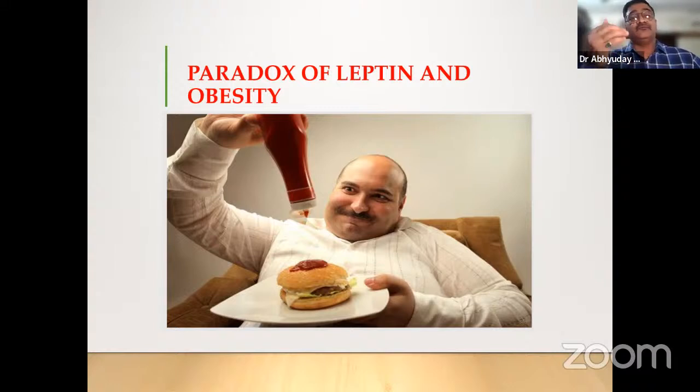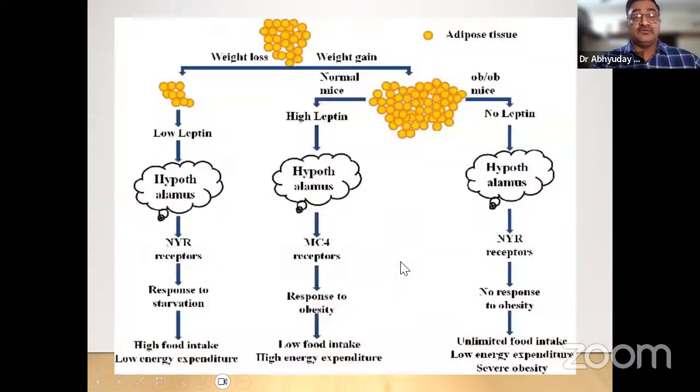But then there are a few studies which show that there is a paradox of leptin and obesity, something known as leptin resistance. Here I've told you how low leptin levels stimulate the hypothalamus, increase food intake, and cause low energy expenditure. But studies have shown that even when there are very high leptin levels, the person may have leptin resistance, also through melanocortin 4 receptors.